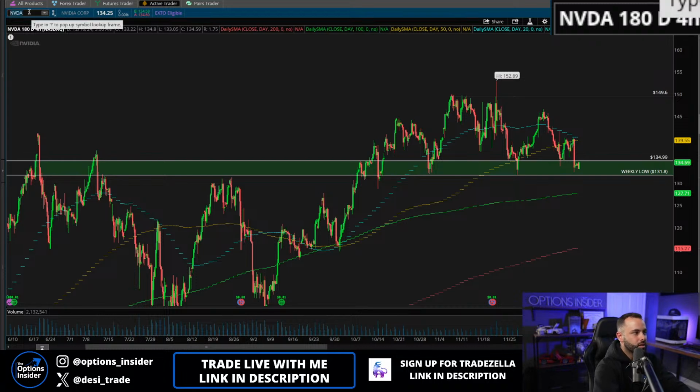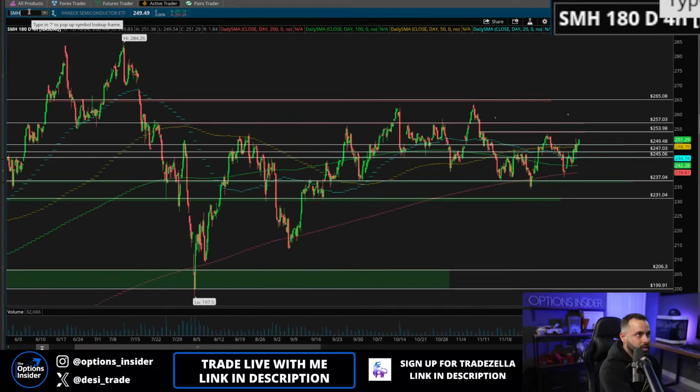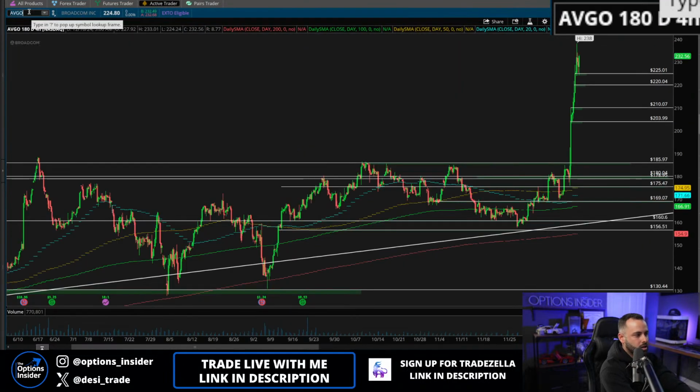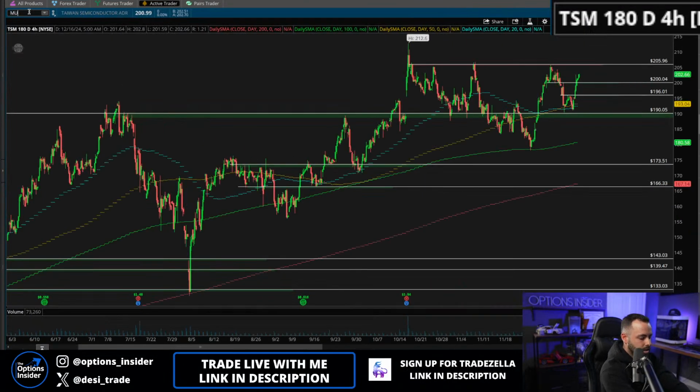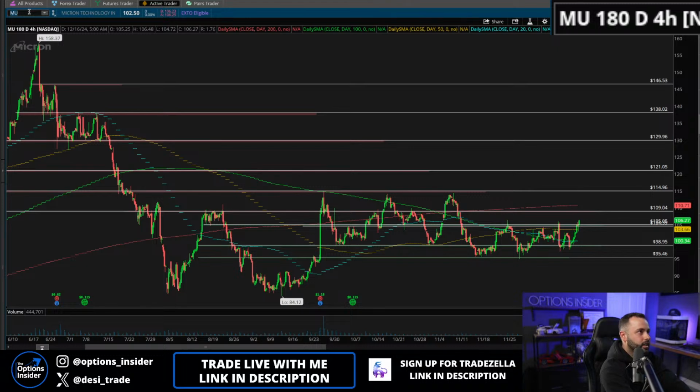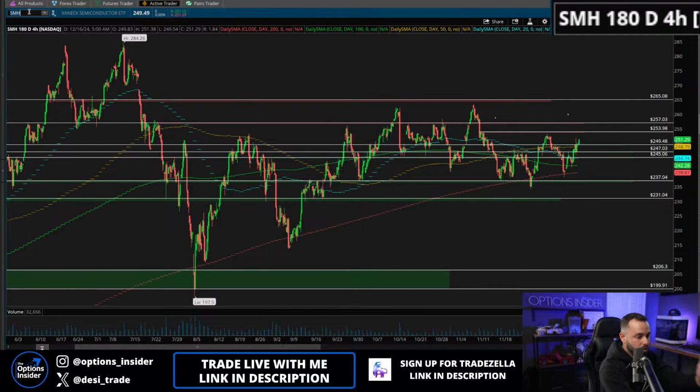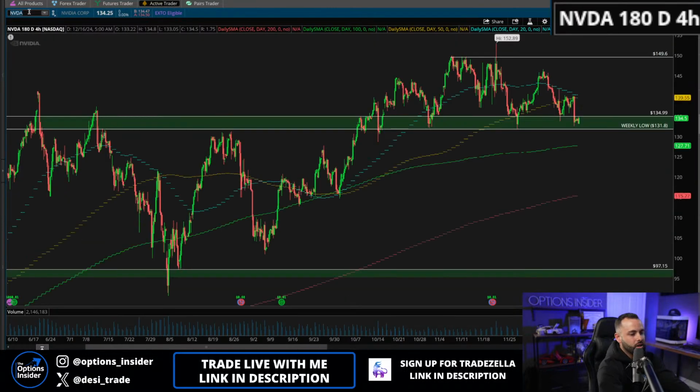You are not going to see NVIDIA crush to the downside if this SMH is strong, if Broadcom's strong, if TSM is strong, if MU wakes up, right? If these semiconductors work and this SMH goes higher, NVIDIA is not going to just break down a head and shoulder formation. That is my opinion, right?